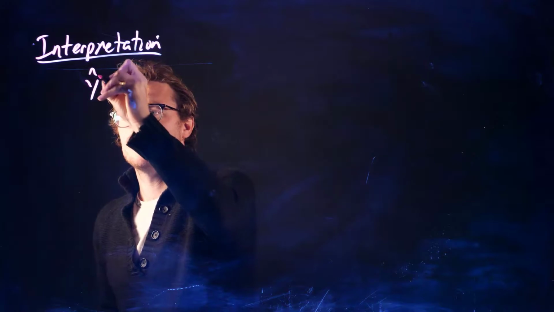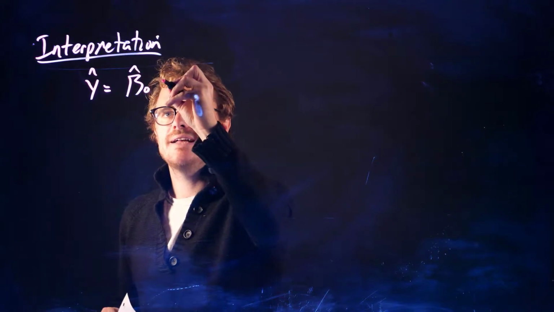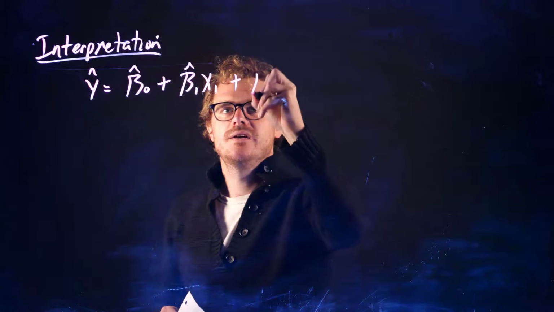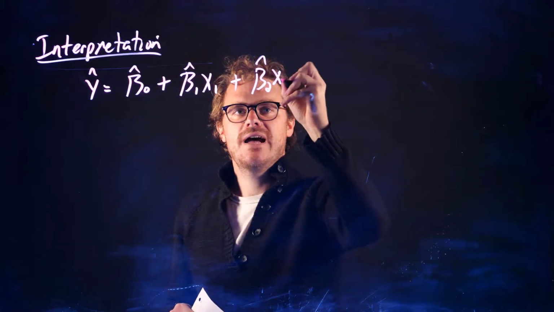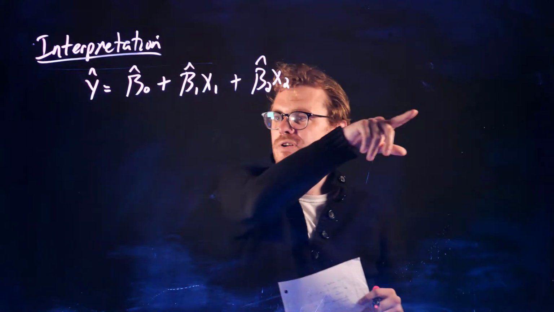So after we run the regression, we have y hat, which is equal to beta hat 0 plus beta hat 1 x1 plus beta hat 2 x2, plus however many more we have.